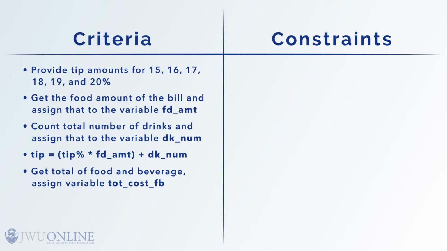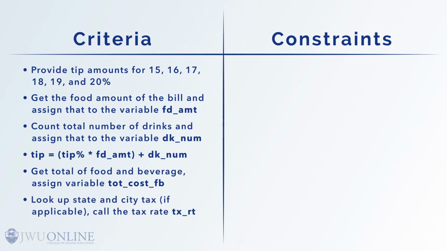We will need to acquire tax tables for all 50 states and the major cities that require an additional city tax. Our solution will need to perform a lookup and set the combined, if applicable, tax rate and assign it to the variable TX_RT. So our formula for total tax is tax equals TX_RT times TOT_COST_FB.